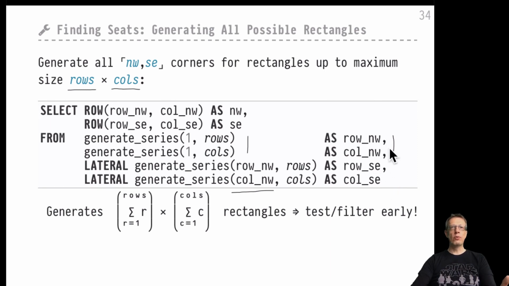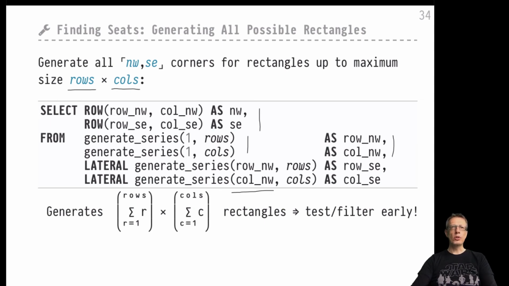And now we have the northwest and the southeast corners, and we would just return them, maybe in some nicely grouped fashion, where the row and column values that make up the northwest corner are held in their own row value, and the same is true for the southeast corner. It would be a 2-column row value which holds the southeast corner here.